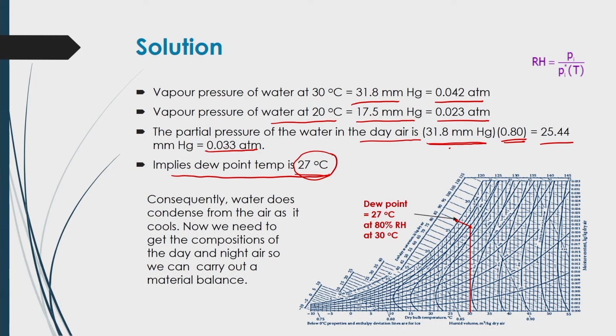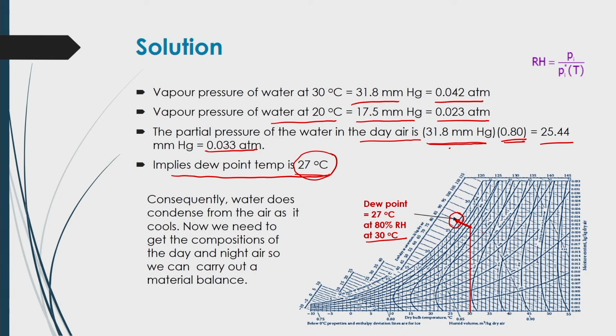From this psychrometric chart, if you go to 80% relative humidity and then up to 100% saturation, it is seen that the dew point will be equal to 27 degrees Celsius at 80% relative humidity at 30 degrees Celsius. So, from this psychrometric chart you can calculate what the dew point should be.